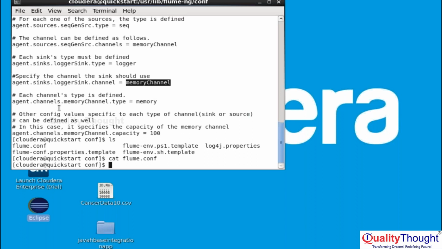Next, the channel type we are saying is memory channel. If you say memory, it will write data into RAM. If you say file, we give the file path. If it is memory, we just say memory and it will write in RAM.